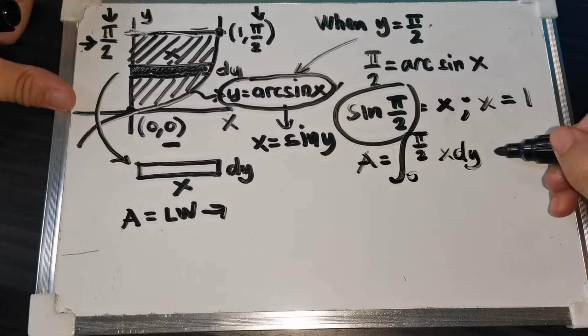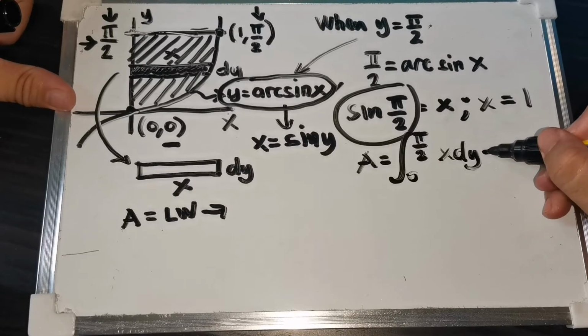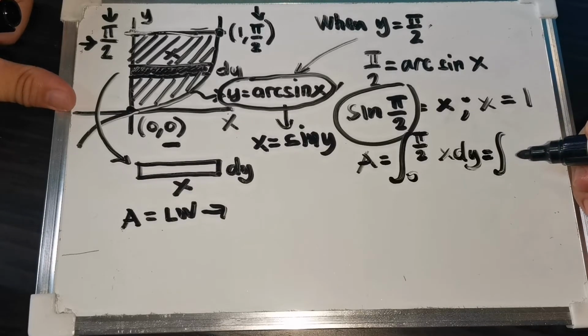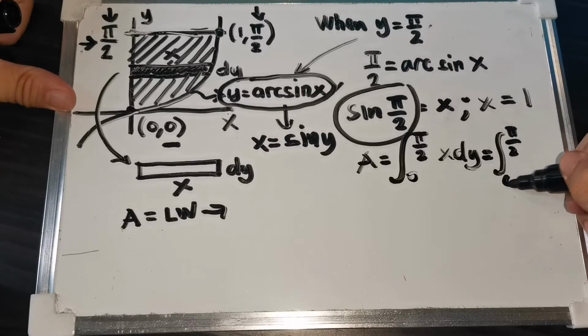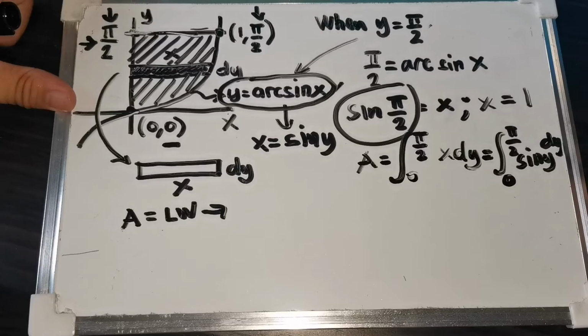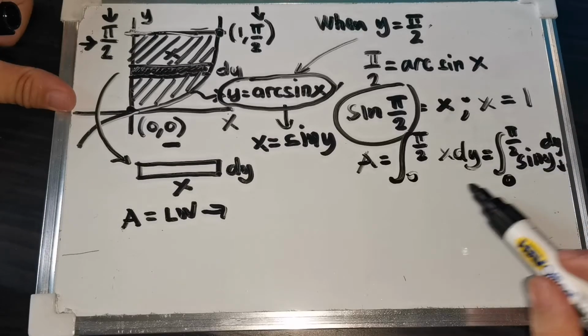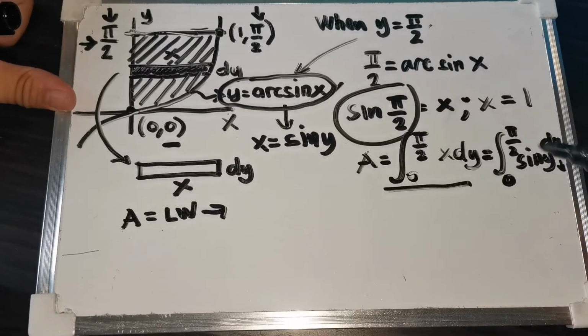So we can simply substitute this, and we need to put the dy here. This portion now will be equal to the integral from 0 to π/2 of sine y dy.